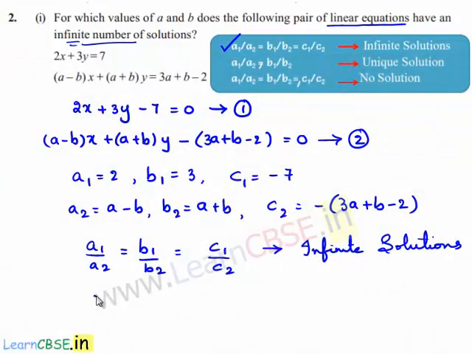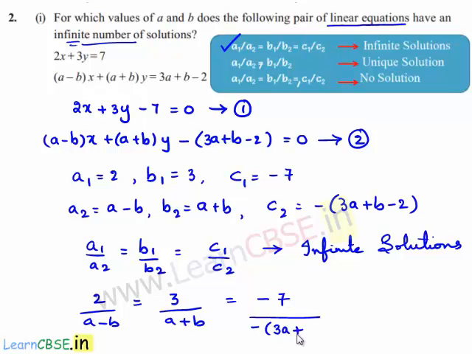Here a1 is 2 and a2 is a minus b, b1 is 3 and b2 is a plus b, c1 is nothing but minus 7 and c2 is minus of 3a plus b minus 2.